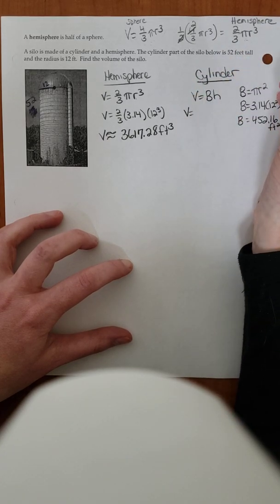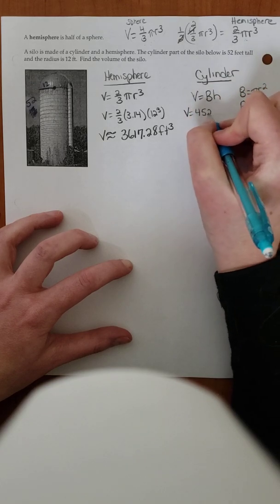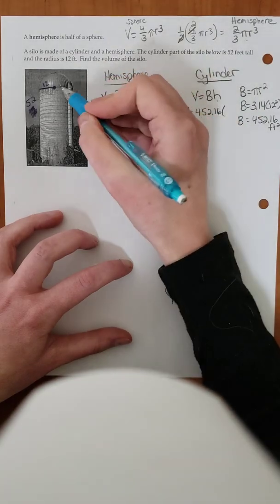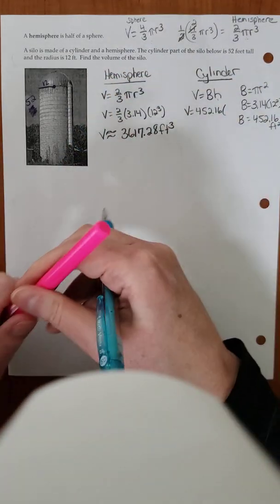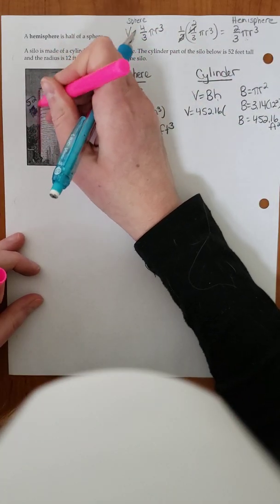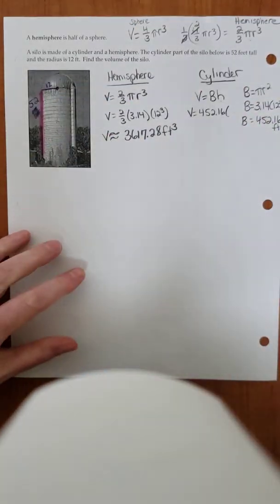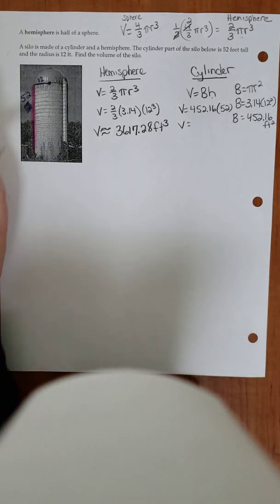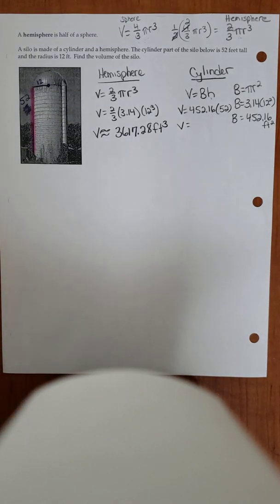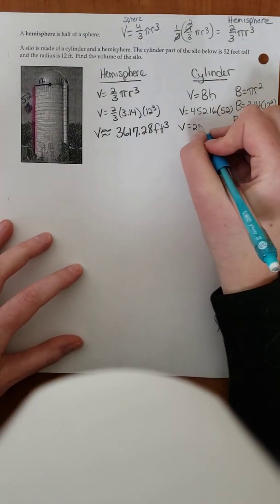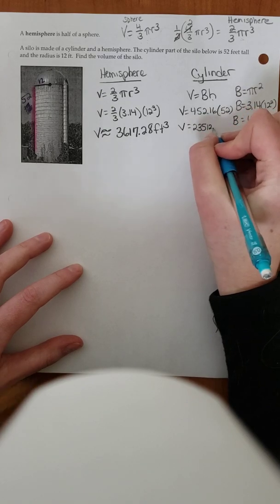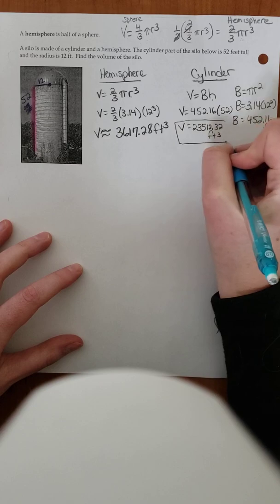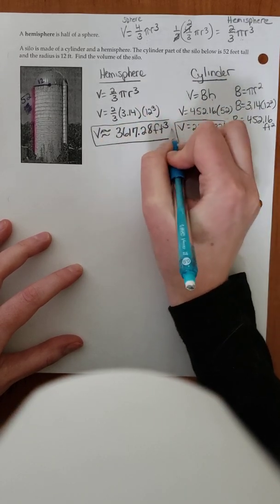So the area of the base was 452.16 times the height of the cylinder. That's the distance between your two circular bases. Oh, I didn't highlight anything, did I? That would be right there. That is your height, the 52. Times 52. 23512.32 feet cubed. So there are my 2 pieces.